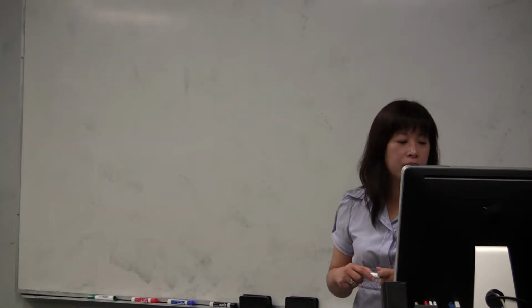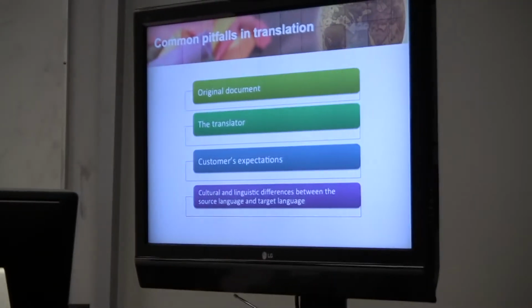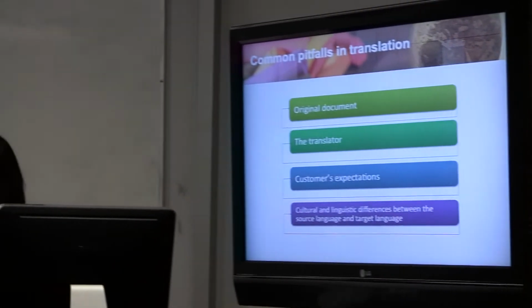Cultural and linguistic differences between the source language and target language. We'll talk about that later on, or actually I can share with you some of those differences.